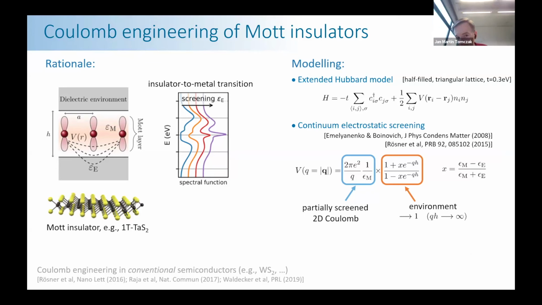But here it turns out that the overall balance is that the effect, I guess we could plot this via V of q, the Fourier transform, actually reduces both the on-site and the non-local one. So basically both get reduced, but the non-local one gets reduced faster. But overall, the effect is there that the correlation strength becomes weaker.